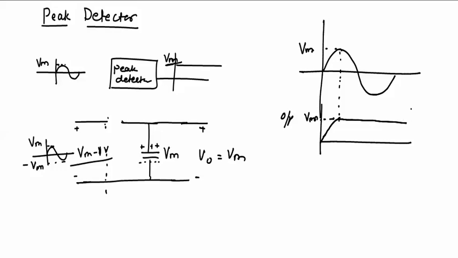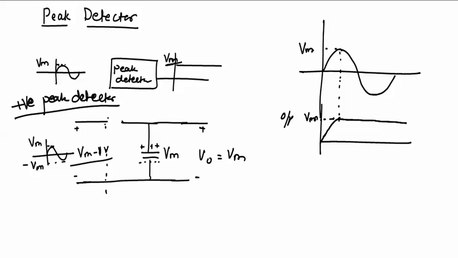So a capacitor is used to detect the peak of the input waveform so that the output will be a constant equal to the peak of the input waveform. This is the basic circuit of a peak detector, and in this circuit the capacitor is holding the positive peak of the input, so it is a positive peak detector.